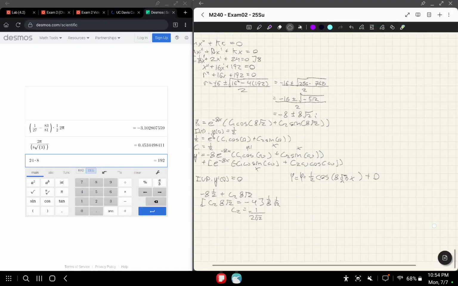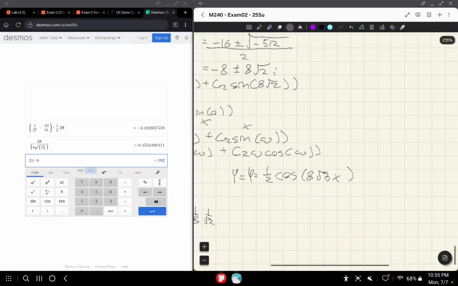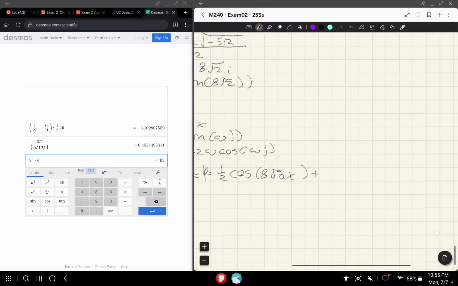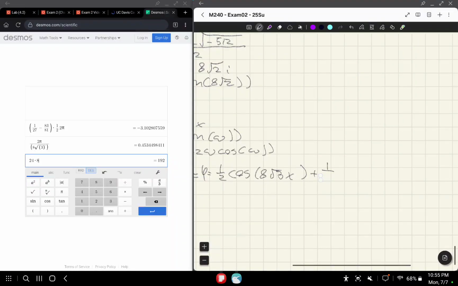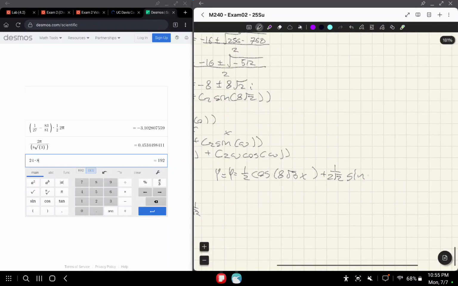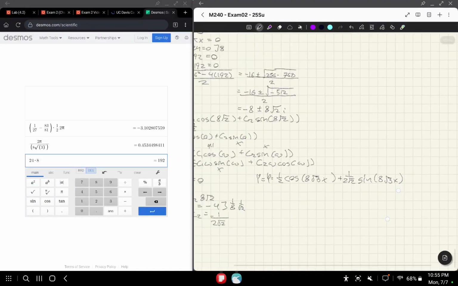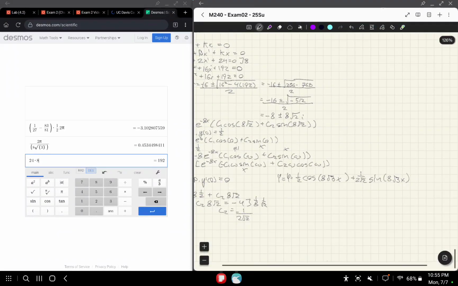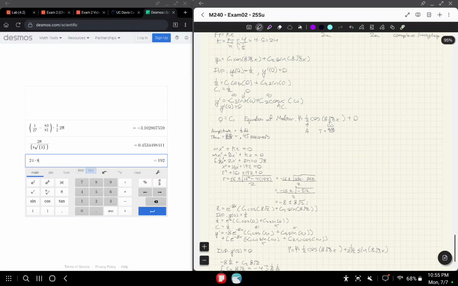This is our solution from part A, but now we solve for C2 as well.